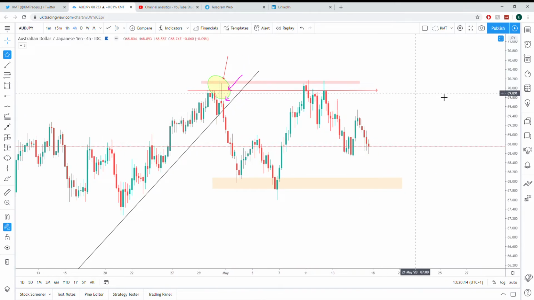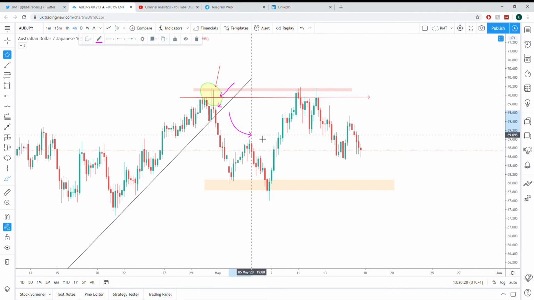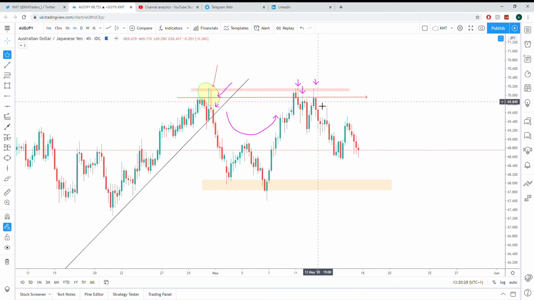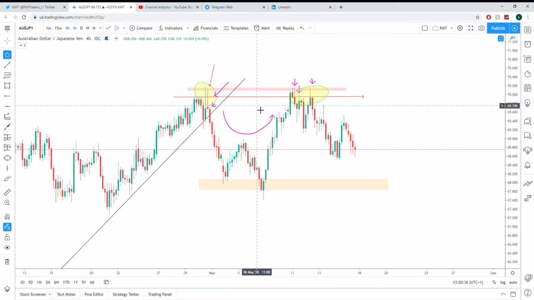So what we now look for is potential signs of rejection from this level if we get that retest. We had that retest here. We found one rejection here, two rejections here, three rejections here. So in theory, you could have taken a selling opportunity within this range at any point of this level. Why? Because you've found a level in the market where we found previous rejection.